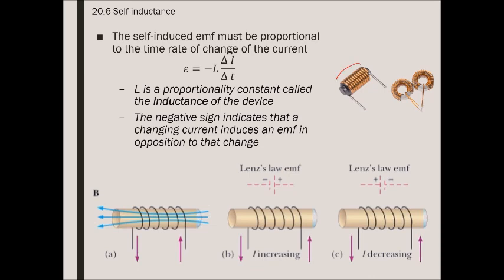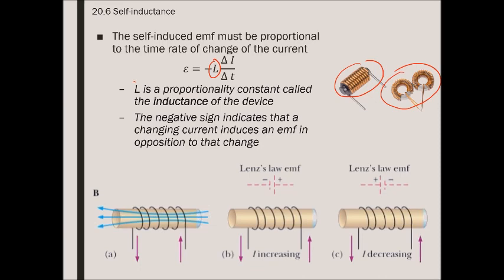These are called inductors because they have self-inductance, and you can either have a solenoid, or this one is called a toroid when you wrap it around into a donut shape. This self-inductance is given the symbol L, and is basically representing how much EMF we can have when we're changing a current.